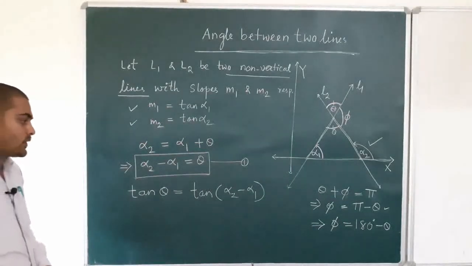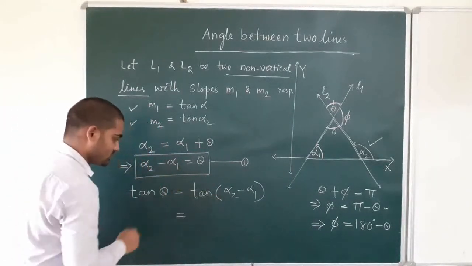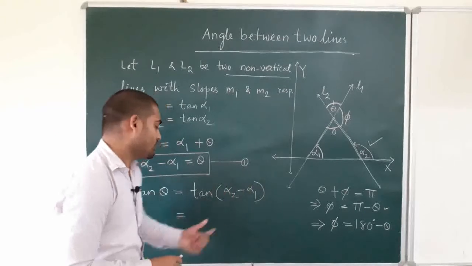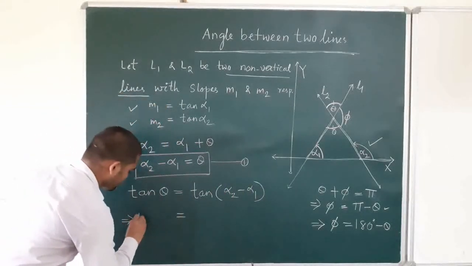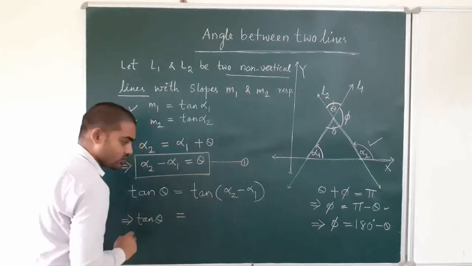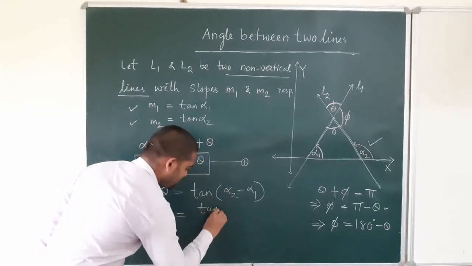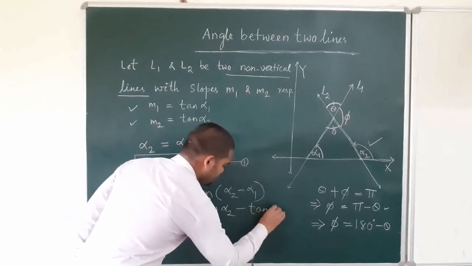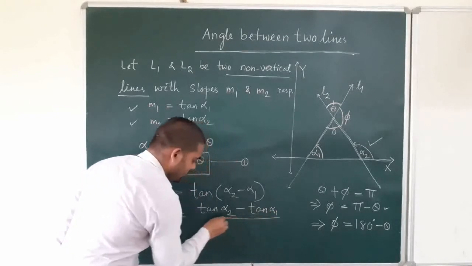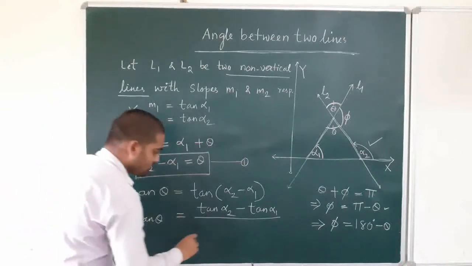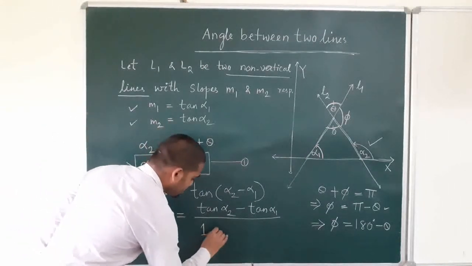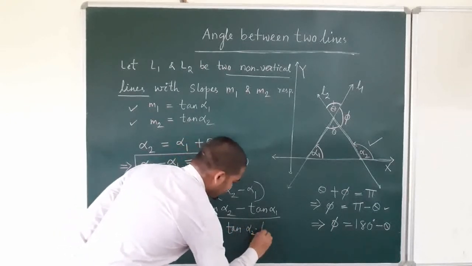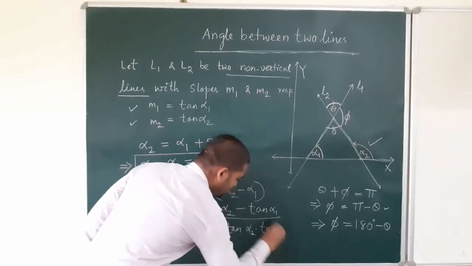You know the formula of tan A minus B, that is equal to tan alpha 2 minus tan alpha 1 divided by 1 plus tan alpha 2 into tan alpha 1.